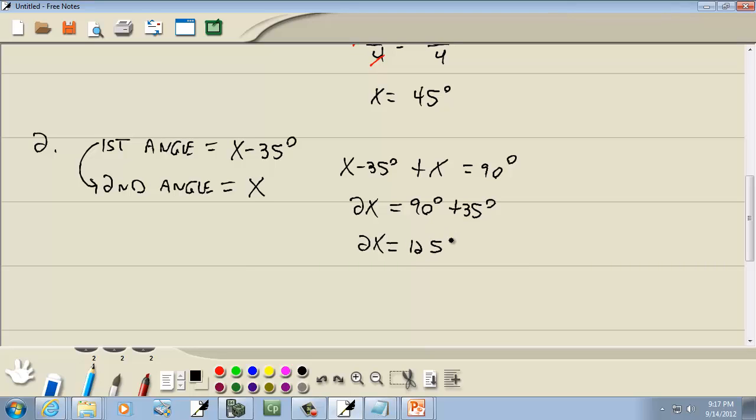We get 125 degrees. And then divide both sides by 2. And these 2's cancel. And that gives us 62.5 degrees. So our second angle is 62.5.